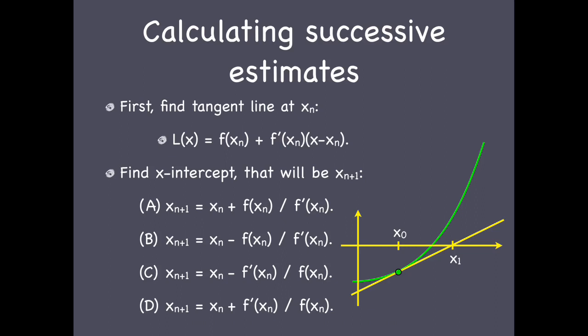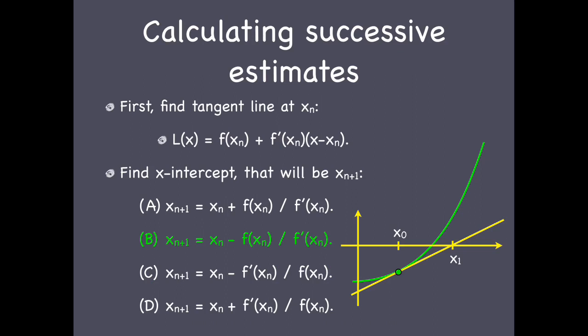Here are 4 possible formulas for xn plus 1, and you choose which one you think is correct. I will pause, let you stop and do some calculations, and come back with the answer. Okay, so I trust that you've done some calculations and found the correct formula for finding xn plus 1. And in fact, it is B.